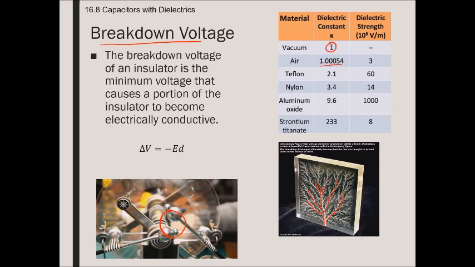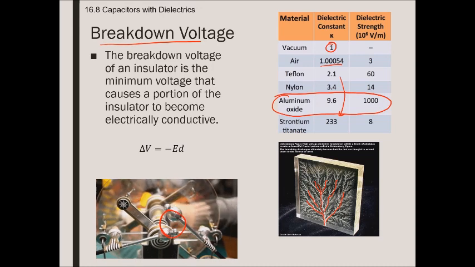Air is slightly more than that, but we can get to very, very good materials for dielectric constant. And so here, probably the best material for a capacitor is this one, because it has a high dielectric strength. It can handle a very, very strong electric field and has a very good dielectric constant.